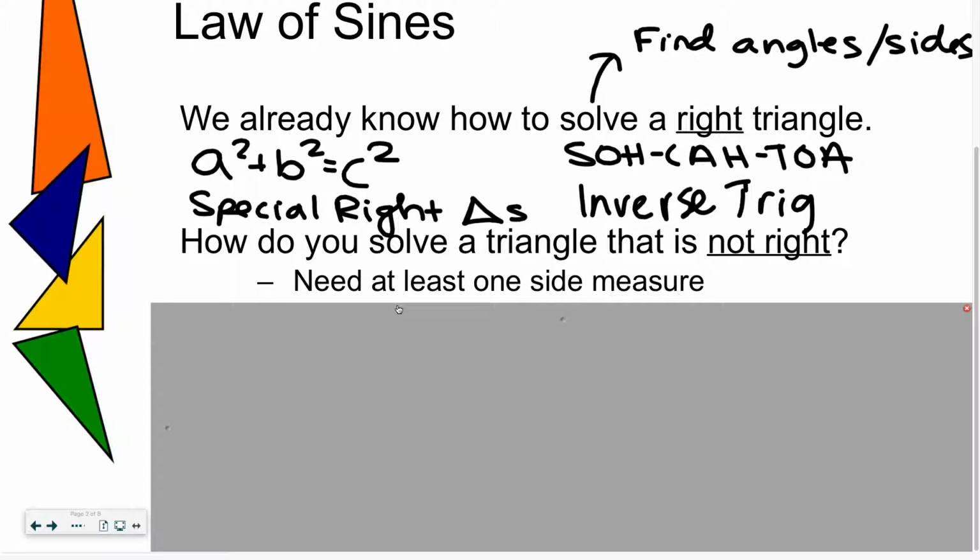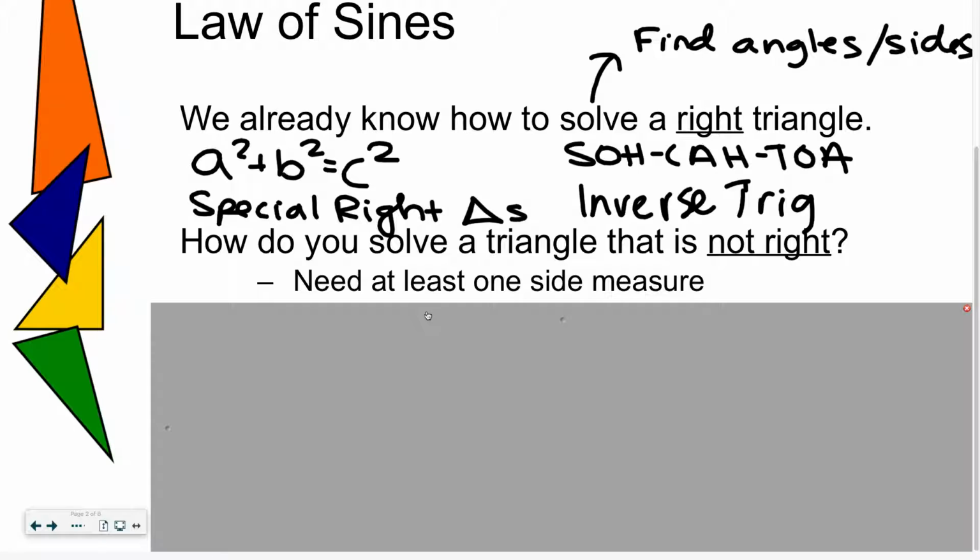If you only knew the angles of your triangle, you would know the shape that your triangle would be, but you wouldn't know its size. Is it small, medium, large, extra large? You'd just be creating similar triangles, but you have no way to pin down what size it should be. So you always have to know one side at the very least.